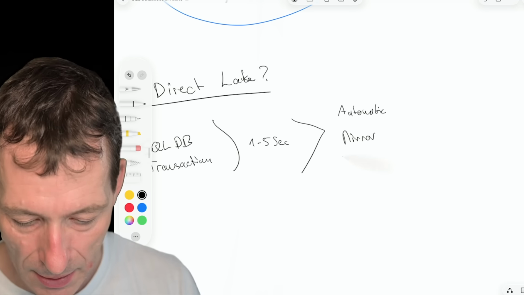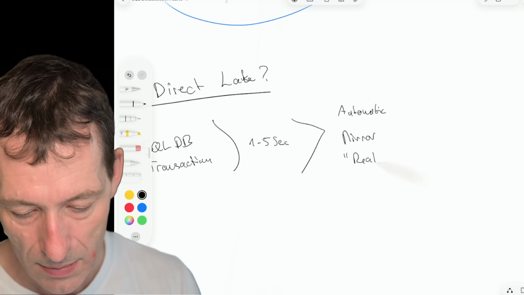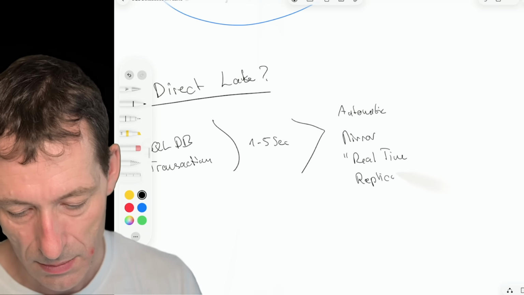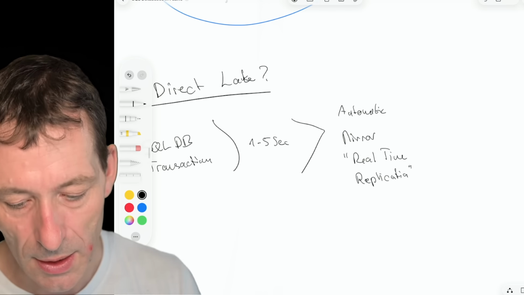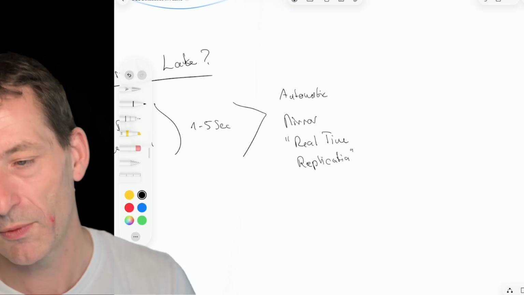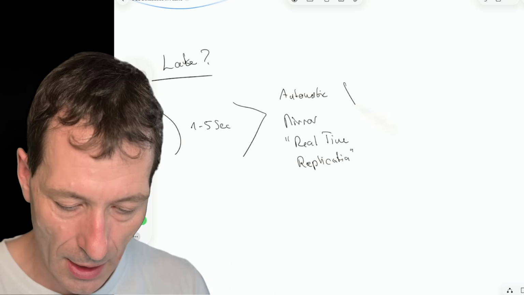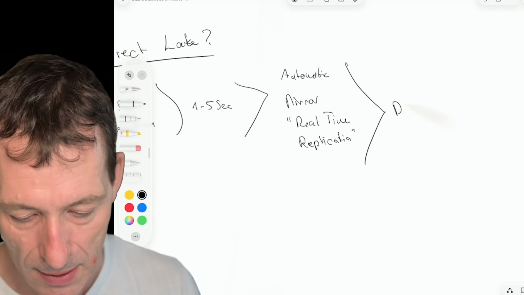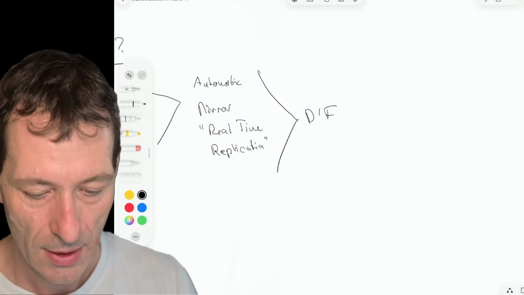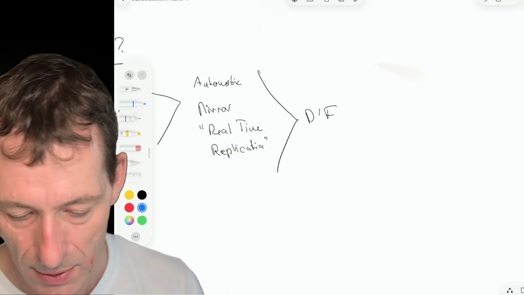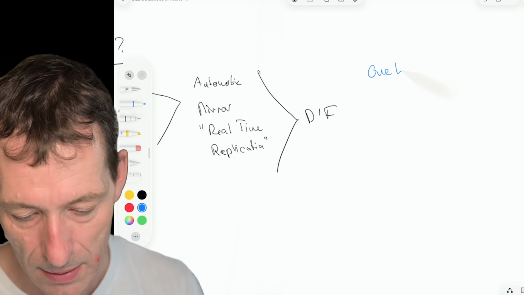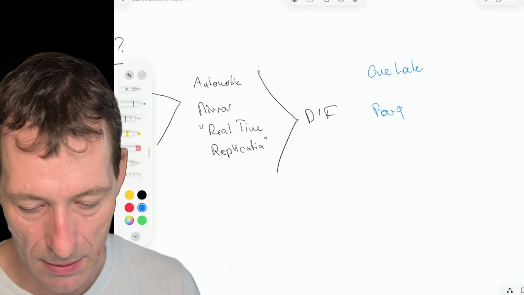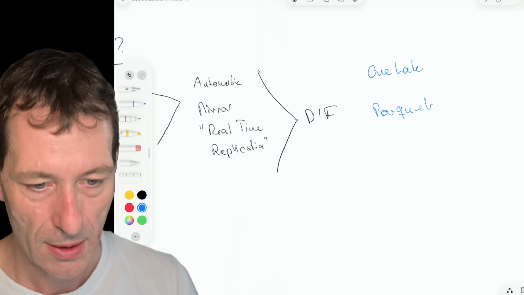So you have a near real-time replication. It's near real-time, it's not real-time, of course. For real-time, you have real-time. Out of the automatic mirror, after 1 to 5 seconds, the Delta files are created, and the Delta files then are stored in our OneLake structure in Parquet format. Delta tables.